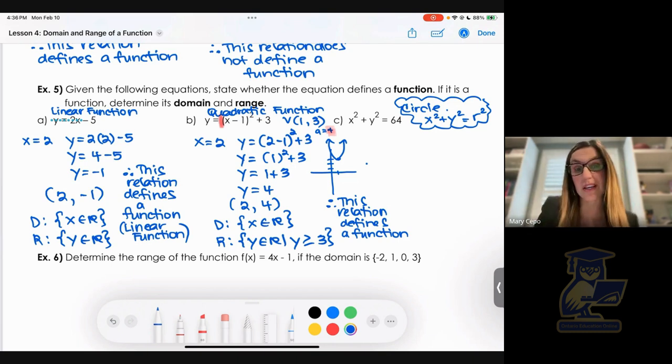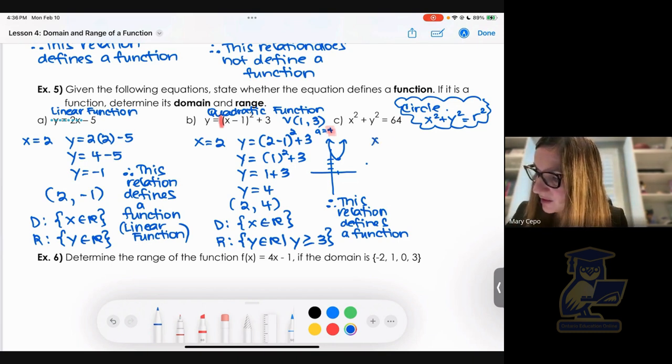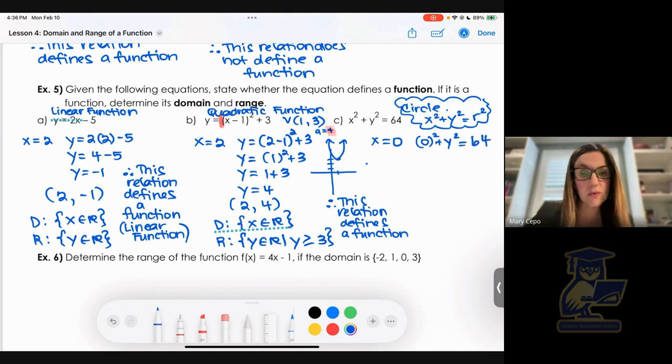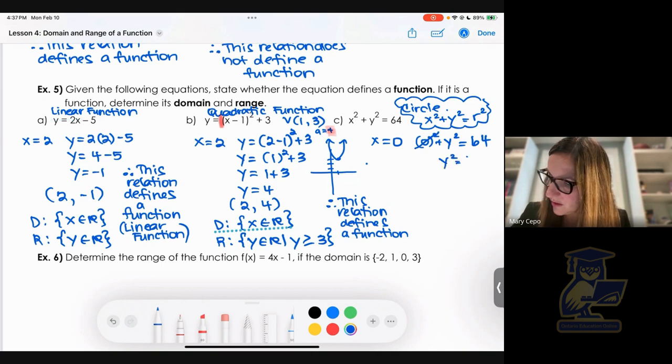Algebraically, I'm just going to use an easier number. I'm going to say let x equal 0. If I subbed it in, it would be 0 squared plus y squared is equal to 64. Well, we know 0 squared is 0, so it becomes y squared is equal to 64. If we take the square root, y can technically be plus or minus 8.